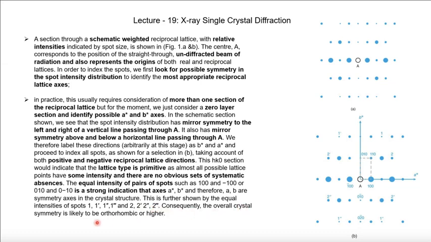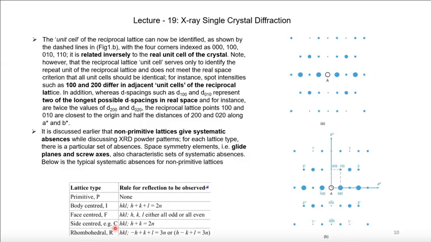Consider the overall crystal symmetry is likely to be orthorhombic or higher. So from here, we can find out the symmetry elements, and this one says that there is a mirror plane here, and also a mirror plane here. So if we have two mirror planes, the symmetry seems to be orthorhombic or higher.